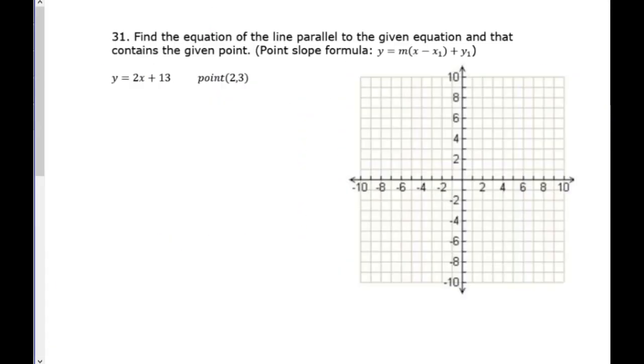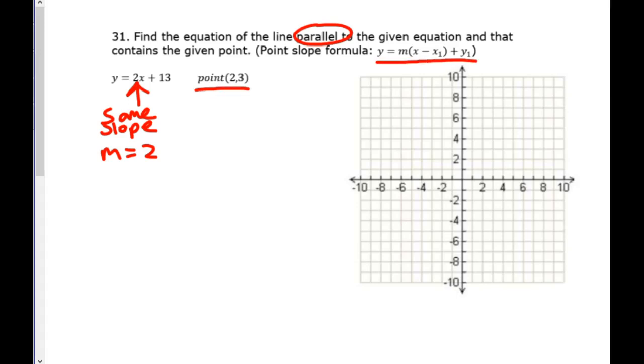Alright, find the equation of the line parallel to the given equation. Now, parallel means same slope. So I'm going to use m equals 2. And then I have this point right here. And I'm going to use this formula right here.